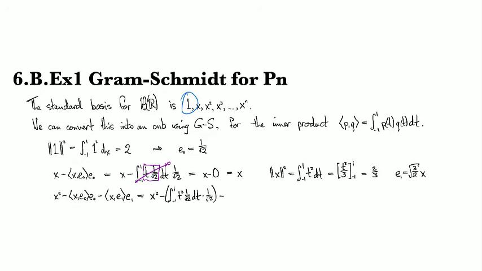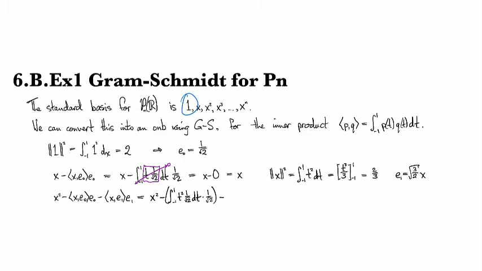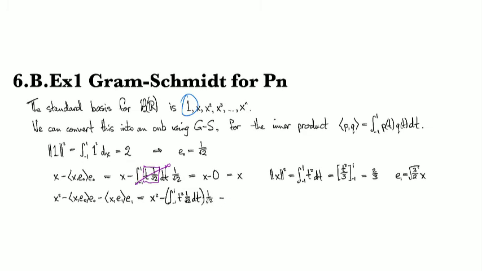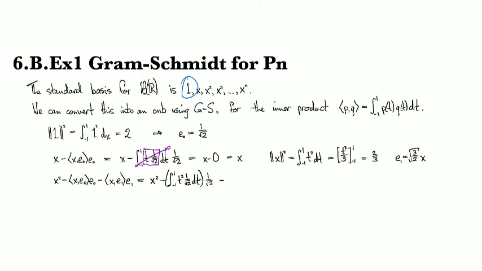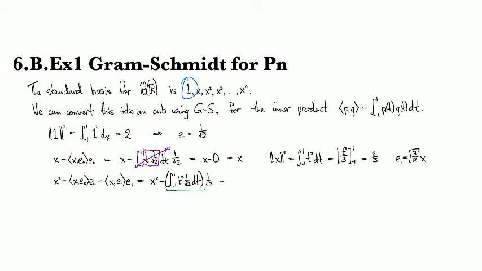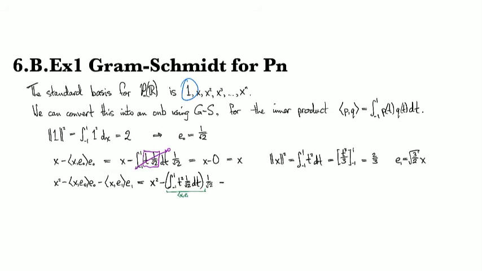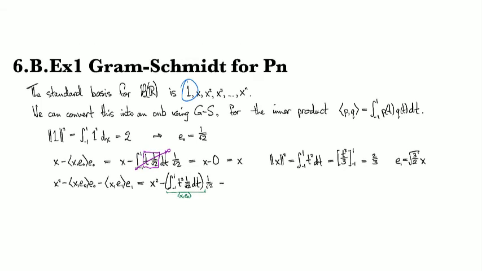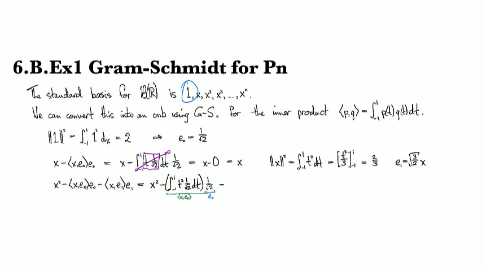Maybe it looks better if I put the parentheses in there. I'm writing it like this so you can see that this part here is the scalar, and this part out back is the vector itself.